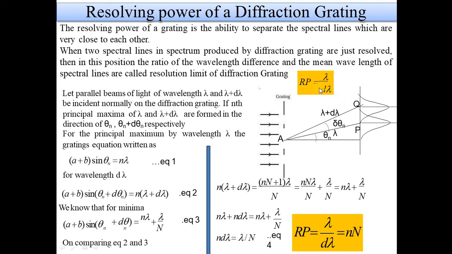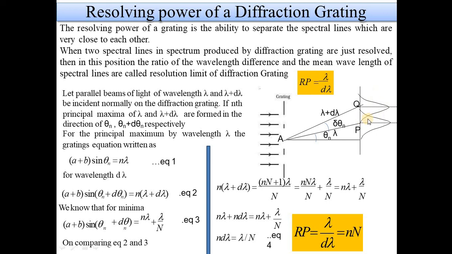Okay, so let us check what will be the resolving power of a diffraction grating. Let parallel beams of light of wavelength lambda and lambda plus delta lambda be incident normally on a diffraction grating. Here there is a grating, and the wavelengths lambda and lambda plus delta lambda hit the grating at normal incidence, or at 90 degrees.